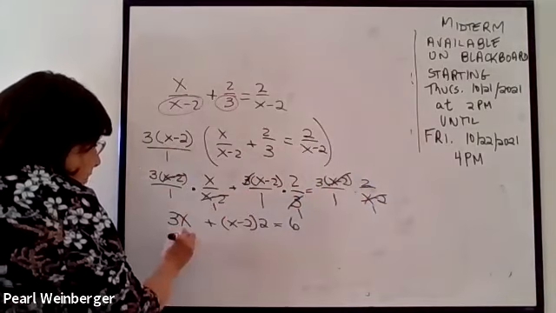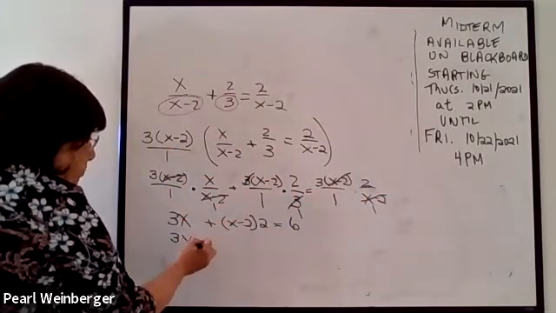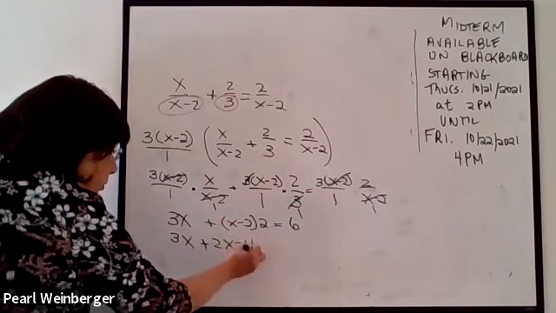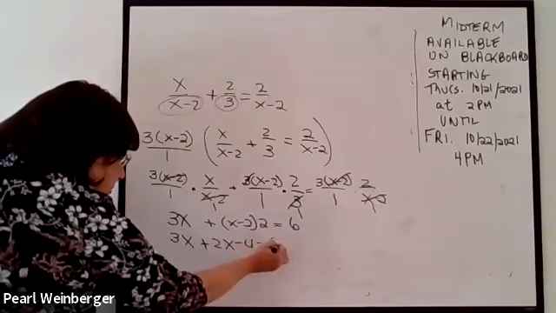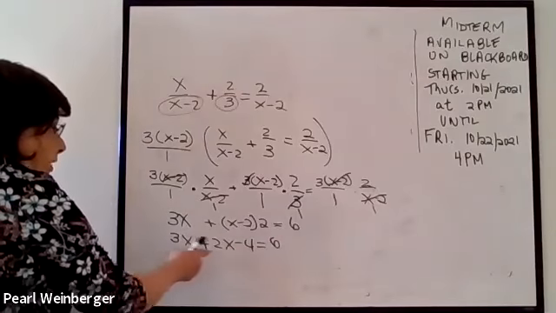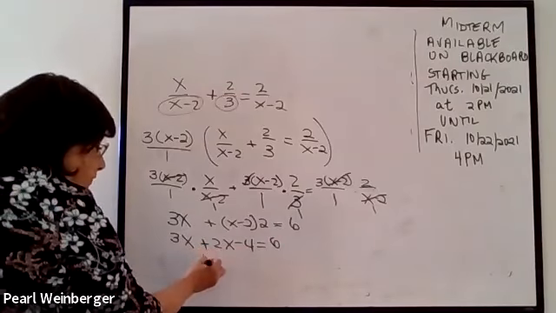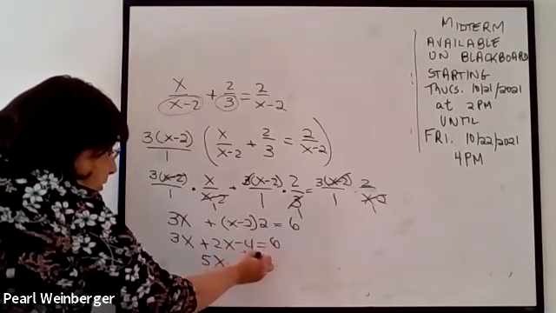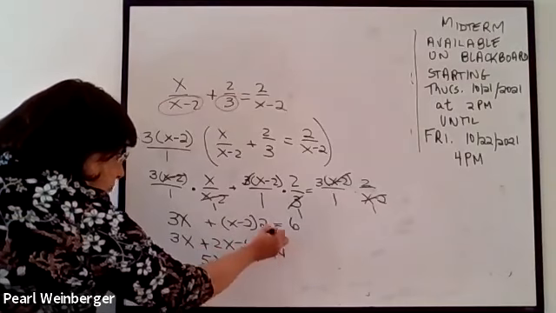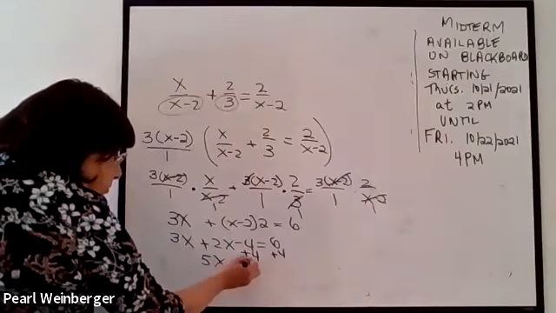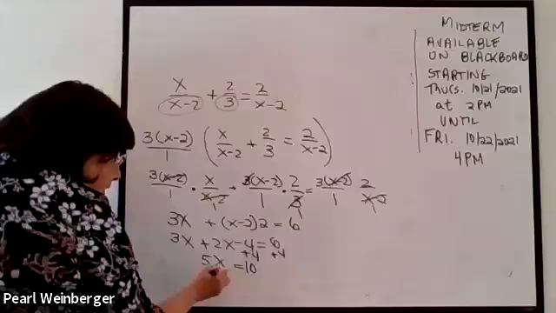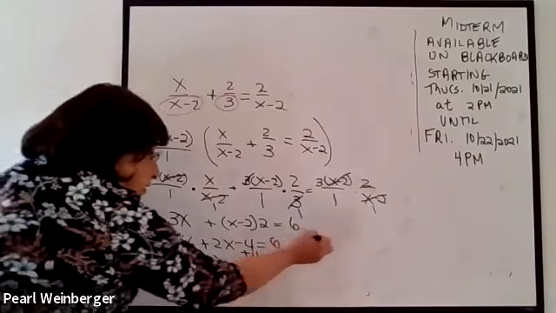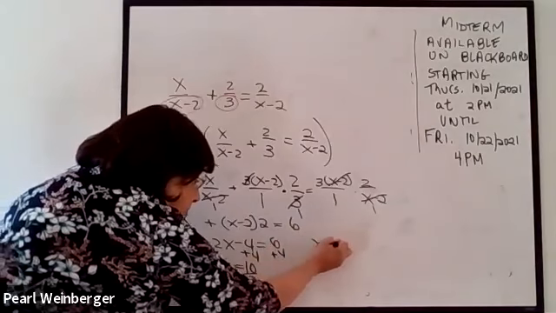We get 3x, I'm removing this parenthesis, so that's giving me plus 2x minus 4 equals 6. The 3x and the 2x give me 5x. And the minus 4 I'm going to bring to the other side. So that's going to give me 6 and 4, which is 10. And then I just have to divide by 5 to get my final answer that x equals 2.